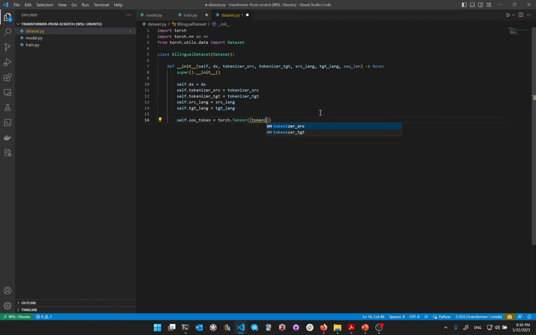We can use the tokenizer from the source or the target, it doesn't matter because they both contain these particular tokens. This is the method to convert the token into a number. So start of sentence, and the type of this tensor we want to be long, because the vocabulary size can be more than 32 bits, so we usually use the long 64-bit. And we do the same for the end of sentence and the padding token.